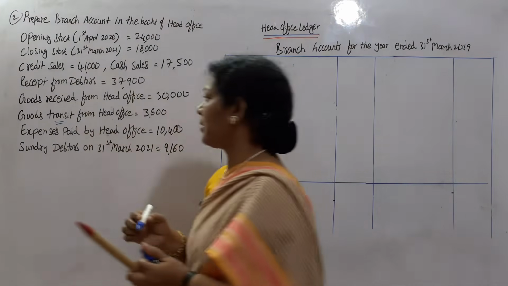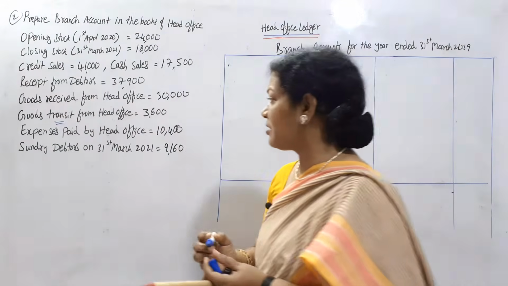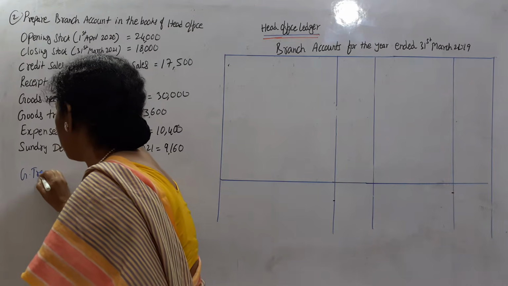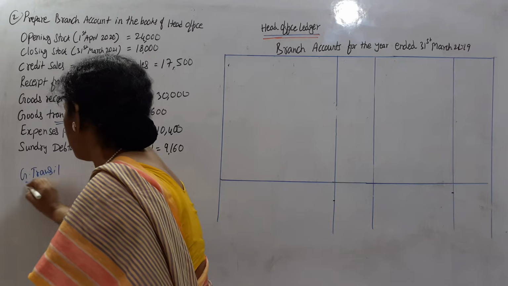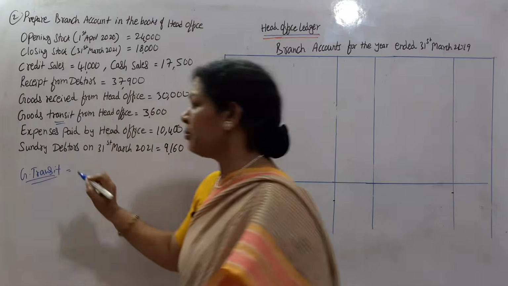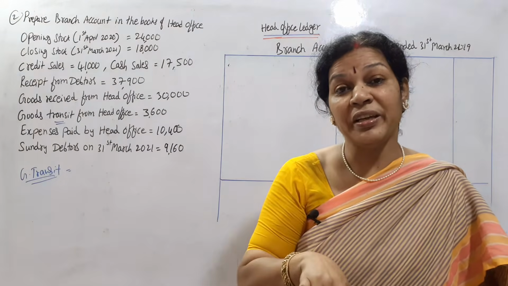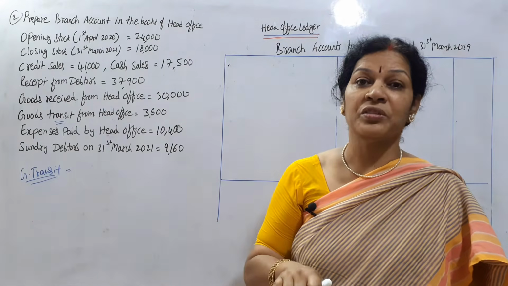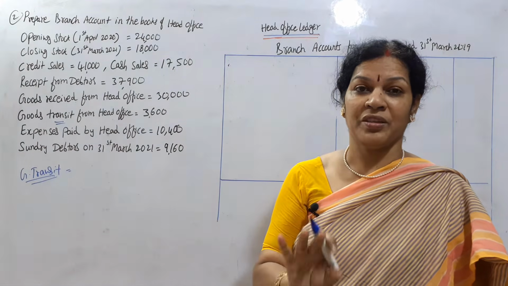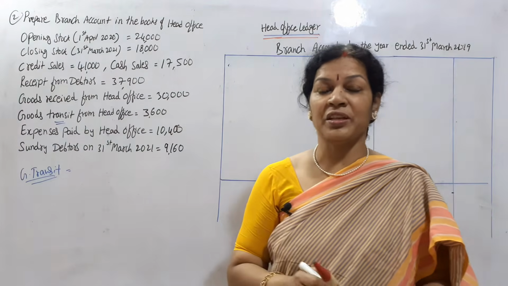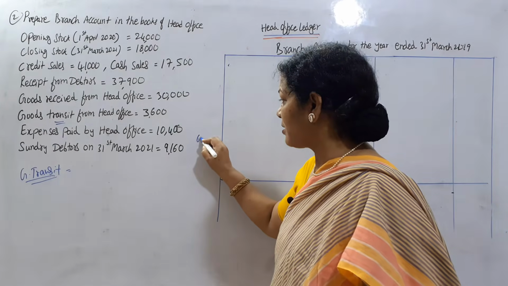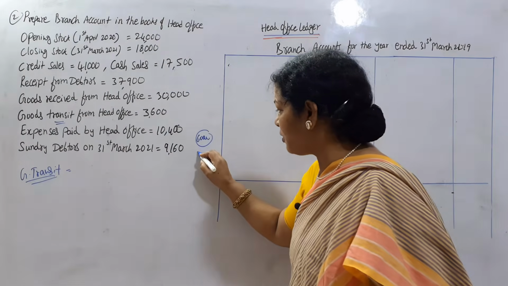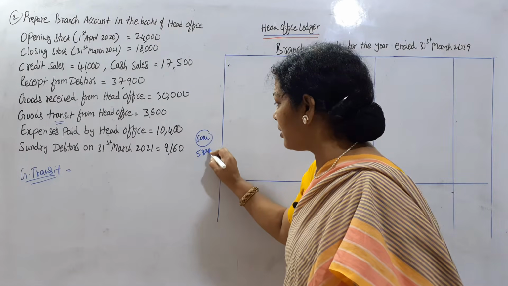Goods in transit from head office means the difference between goods sent by the head office and goods received by the branch office. Suppose goods are sent by the head office 60,000, but the branch office received 58,000 only.